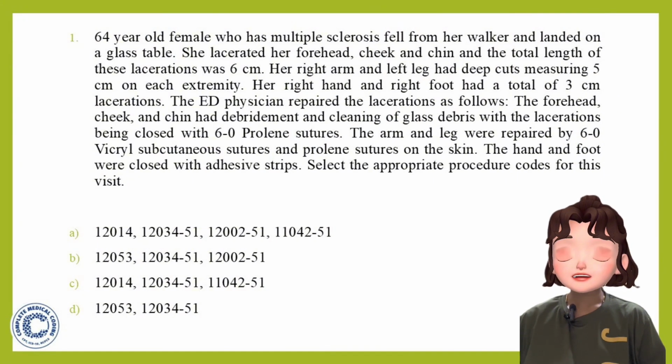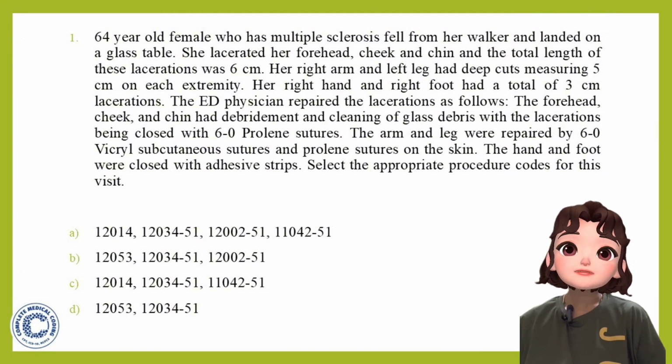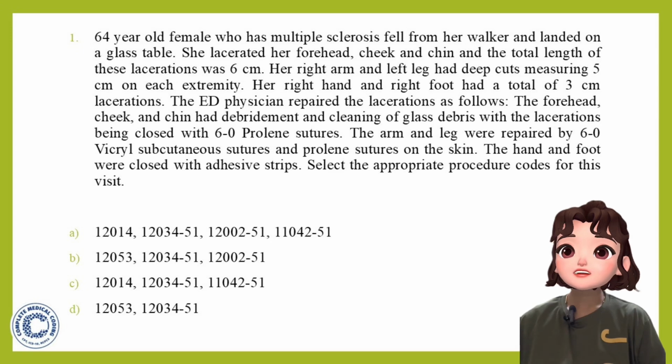Here, the right hand and right foot had a total of 3 cm lacerations. In the second sentence it's mentioned, she lacerated her forehead, cheek and chin, so forehead, cheek and chin total 6 cm of laceration. The right arm and left leg had deep cuts.